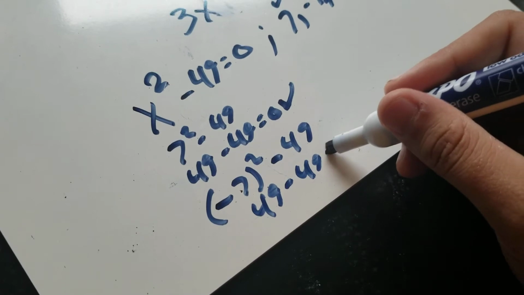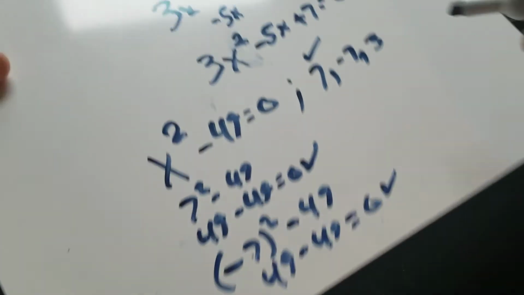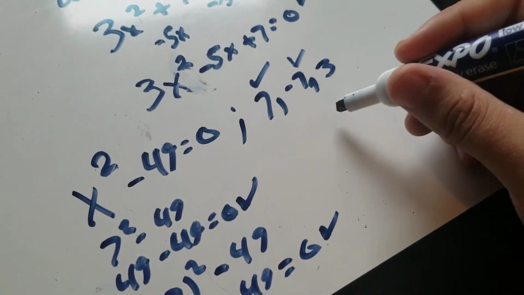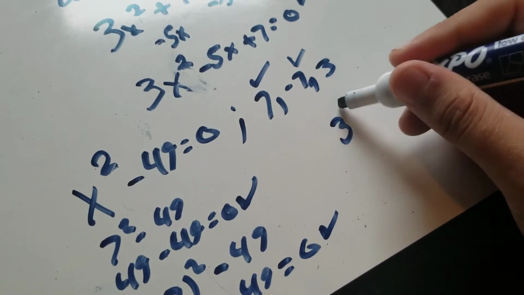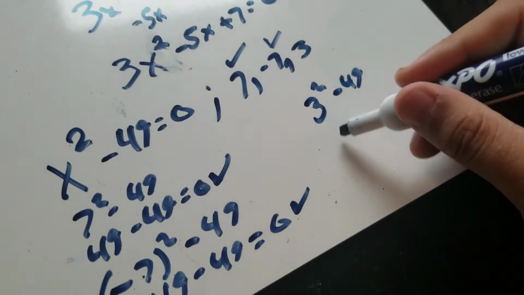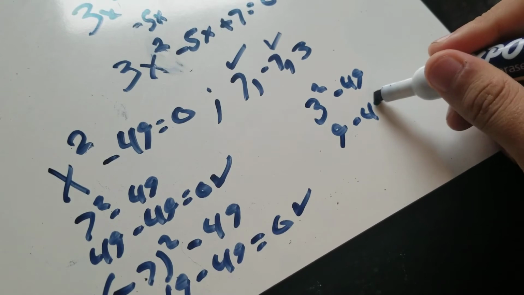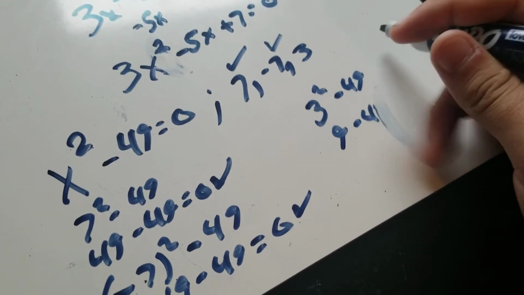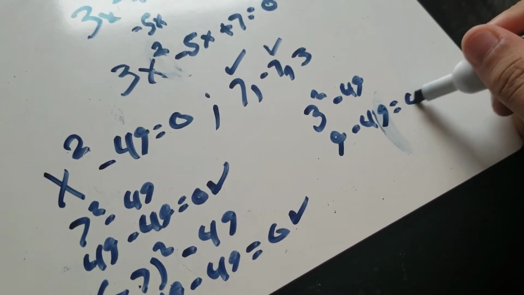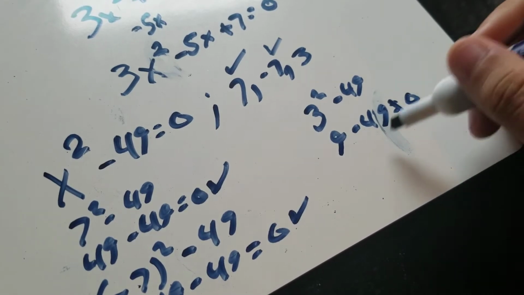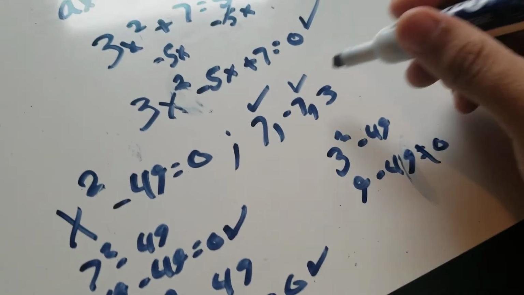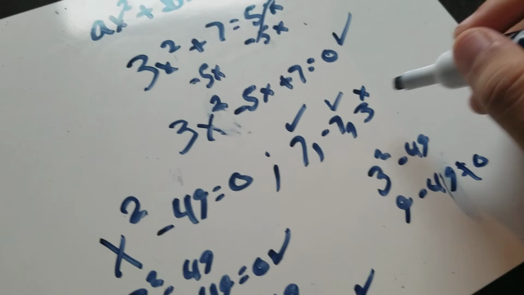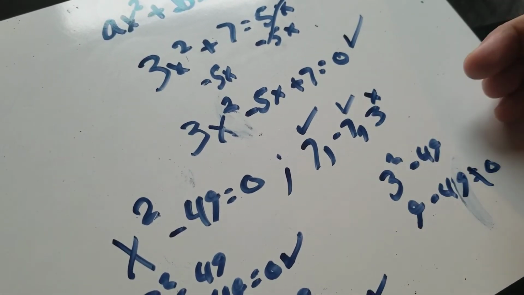So positive 49 minus 49 does equal 0. So that checks out. And let's say I plug in a 3. 3 squared minus 49. That's 9 minus 49. That does not equal 0 for sure. So since that does not equal 0, this one is not a solution. So sometimes we're going to be asking you to check your solutions too, okay?